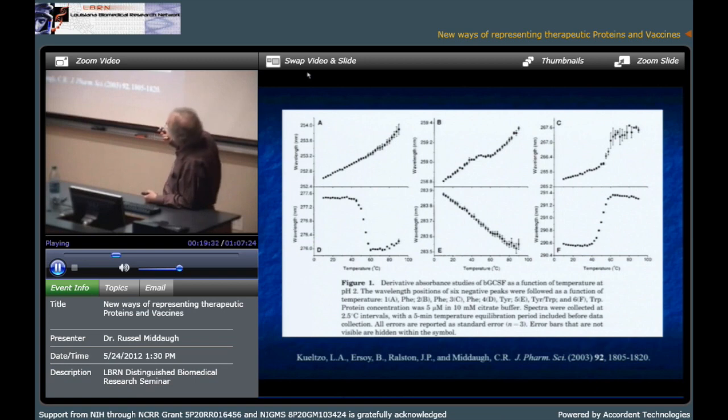You can see that for this peak, which is a phenylalanine peak, not much happens. But with this peak, another phenylalanine peak, you see a big transition here. For the tyrosine residues, you see a transition in the opposite direction. A little transition for that mixed peak, and then a big, nice, pretty transition for the tryptophan residues.